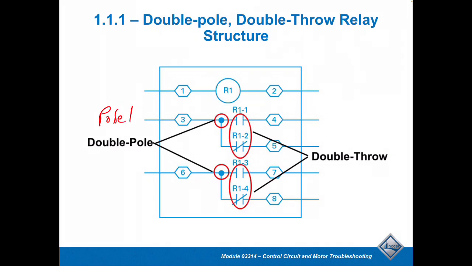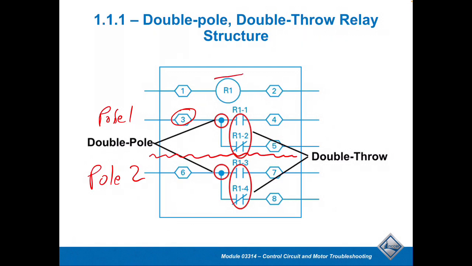And in this case, this would be pole 2. Pole number 1, terminal 3, would be identified as the common terminal of that set of contacts, just like the single pole one. But now we have a completely separate relay that is part of this common relay.